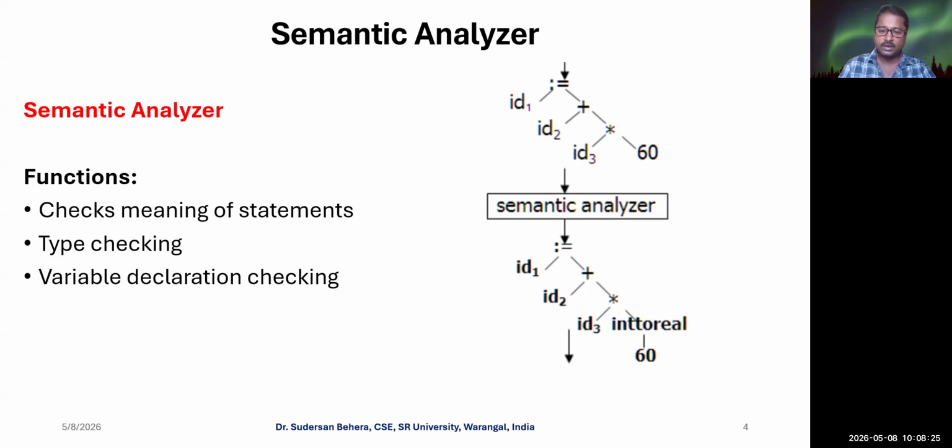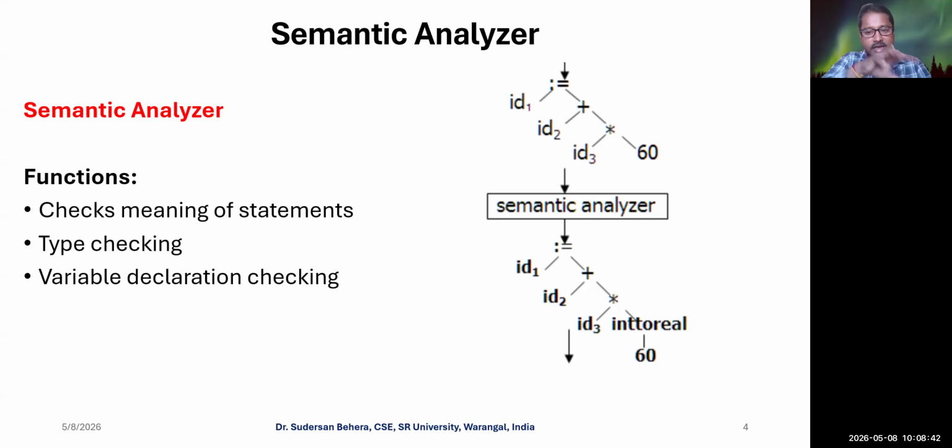Right? So this particular tree is different from the previous tree, and this tree is also called an abstract syntax tree. So what is the output of the semantic analyzer?